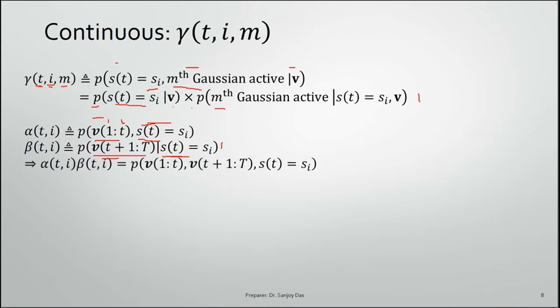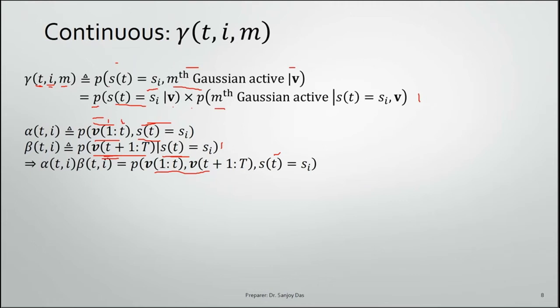Their product, we have seen this before too, alpha_t(i) times beta_t(i) is, now I take v of 1 through t and v of t plus 1 through uppercase T here, and s_t equals s_i. That's the joint probability, alpha_t(i) beta_t(i).